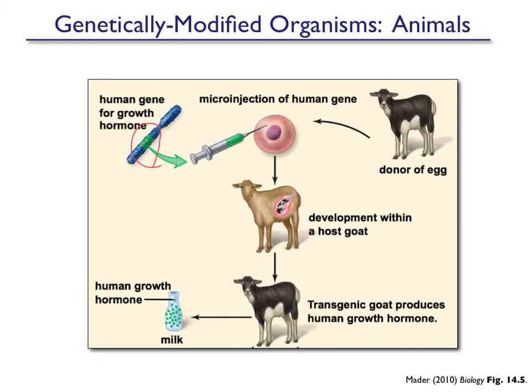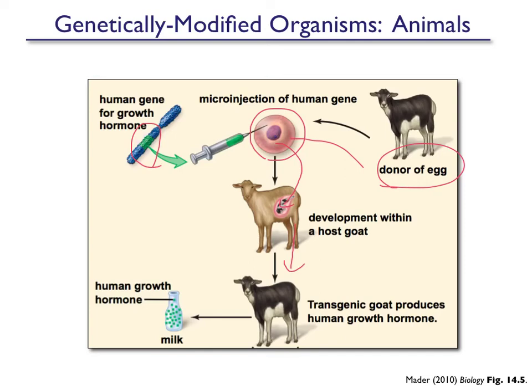And so you would take the egg, the gamete, the egg of this goat, and inject the gene for human growth hormone into it. And then that gene could be incorporated into the genome of the goat, and you would implant this egg into a surrogate, a host goat, who would then allow that egg to develop into a fetus, and then this donor mother would give birth to this transgenic goat that now has the human growth hormone.